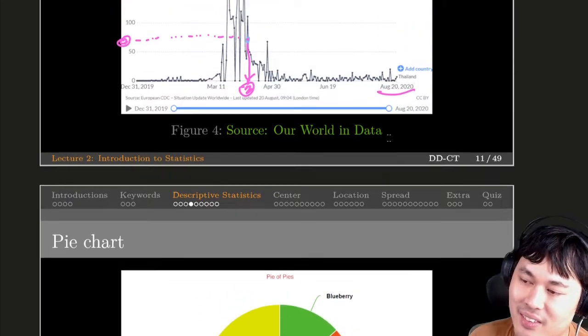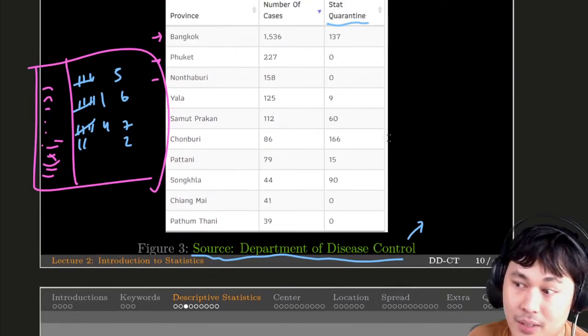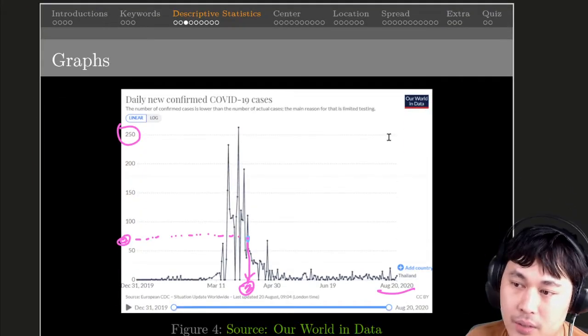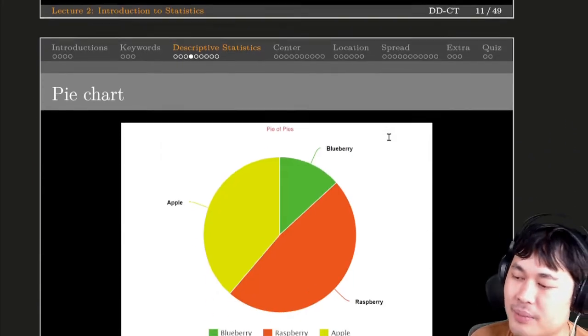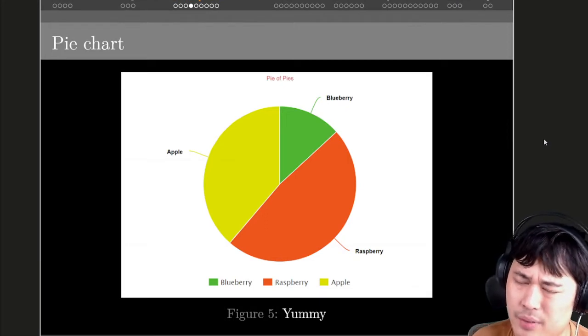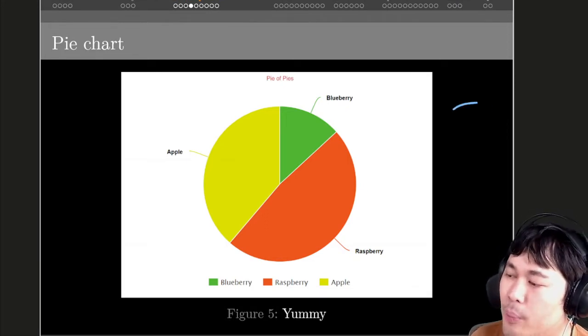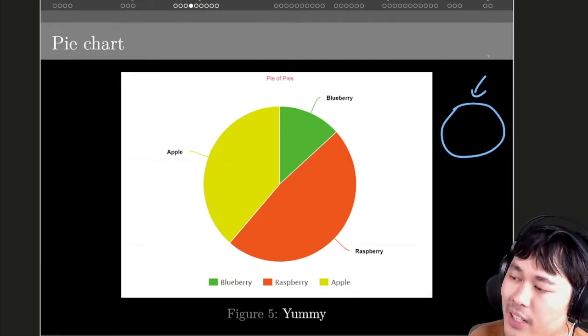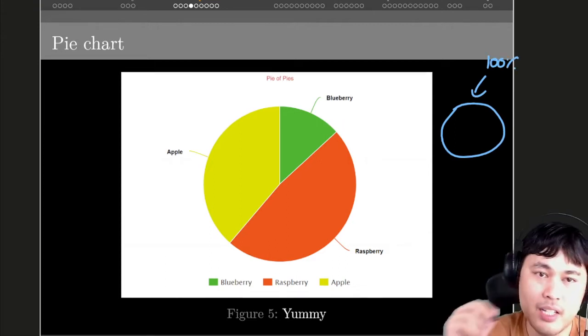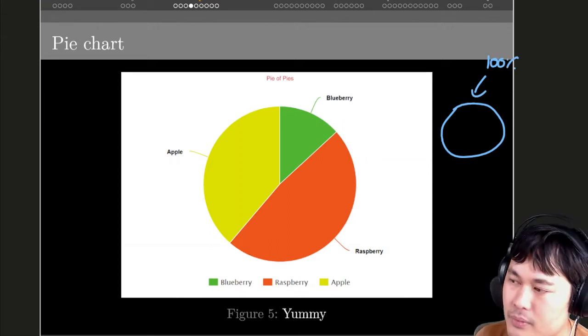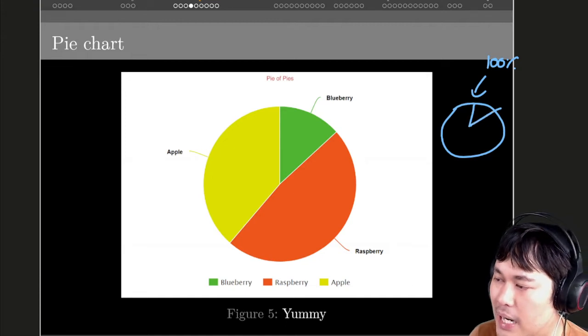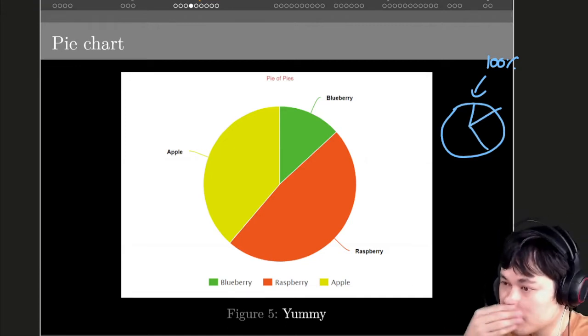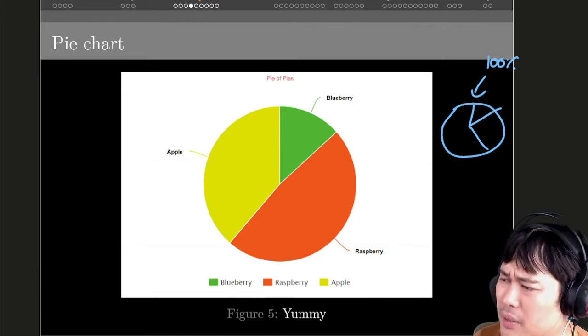Again, it's the same set of data, the same set of numbers, but we represent them as a section of a circle, where a whole pie or a whole circle represents the whole set of data, or 100%, and then you split them into parts depending on how large each part is.